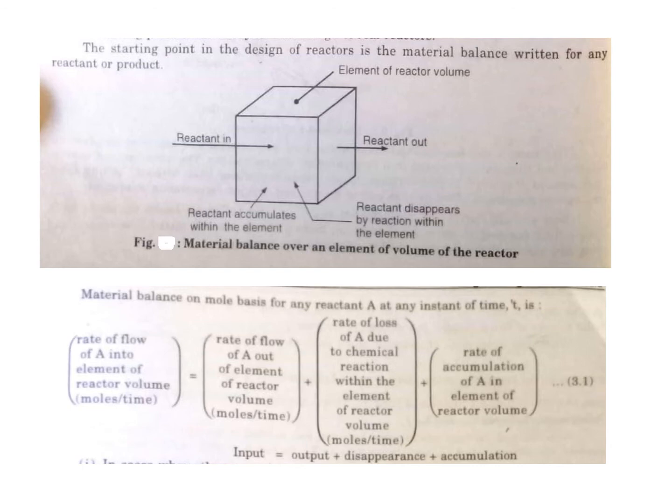In simple form, in the material balance or energy balance equation, input is equal to output plus disappearance plus accumulation.